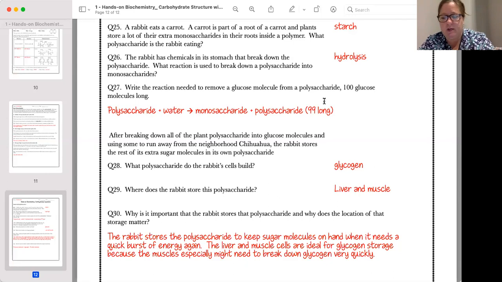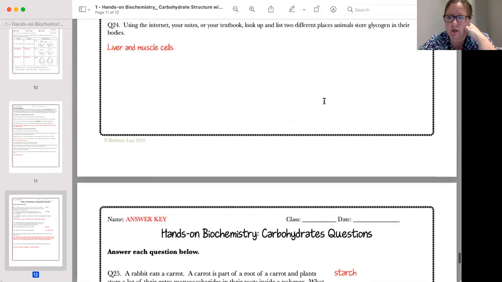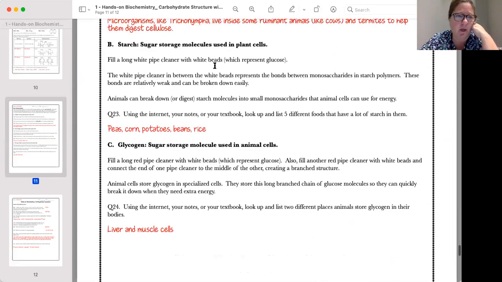And don't forget that we have different kinds of disaccharides that we can make when we join 2 monomers together. We can make a disaccharide. And all of these are sugars that combine to make polymers such as starch, glycogen, and cellulose.